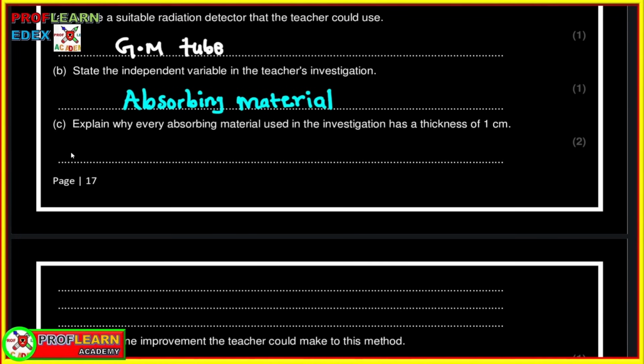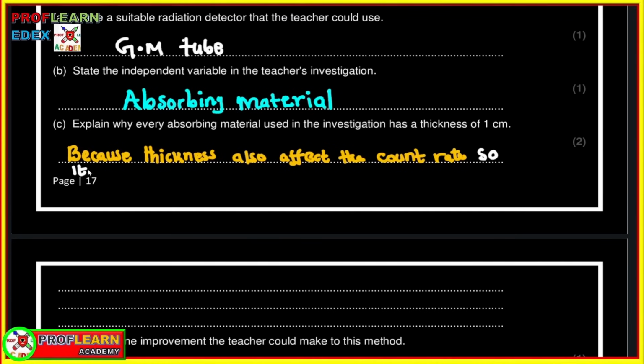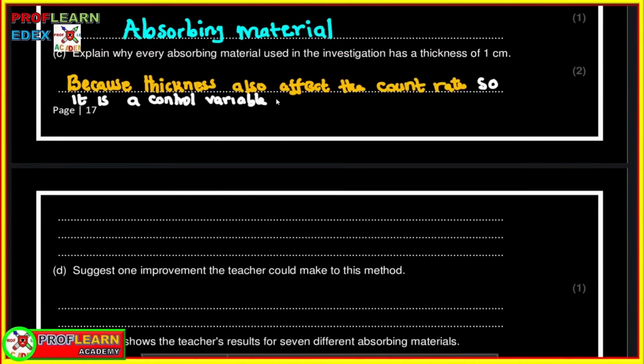So if you use a different value, it is going to affect the result, because thickness also affects the count. To ensure that the experiment is valid, we are going to control the thickness, so as to make the experiment valid.